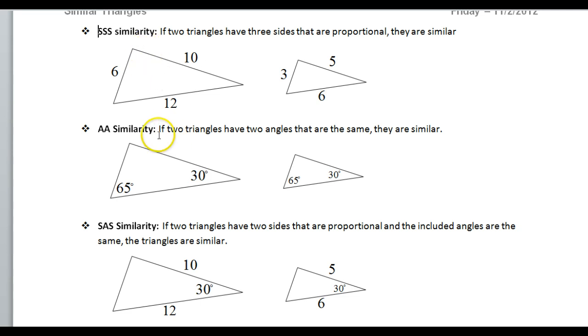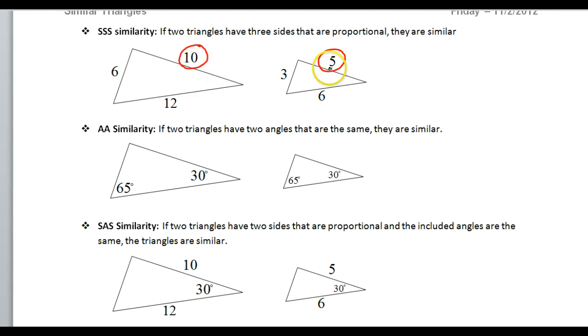There are three different ways to prove that two triangles are similar. One is side-side-side similarity. If all three pairs of sides are proportional, that just means they're all going to make the same ratio if I make fractions out of them.